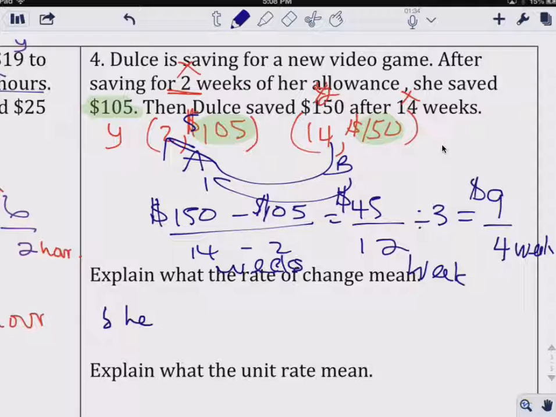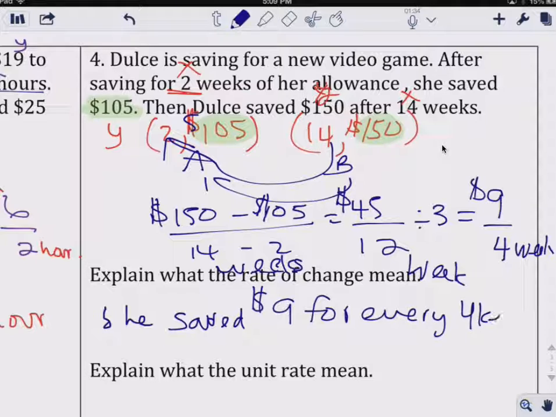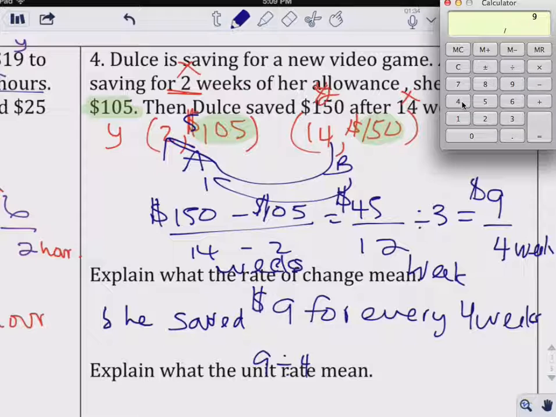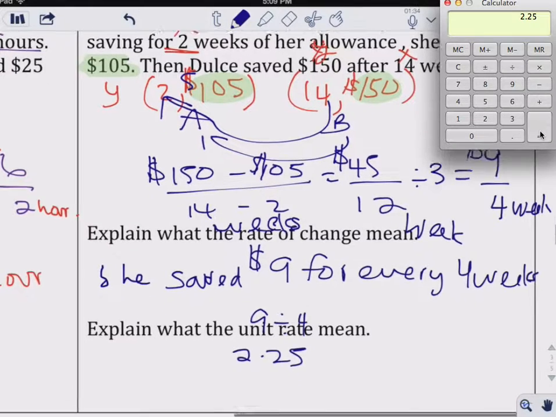She saved $9 for every 4 weeks. Unit rate is this. You divide 9 divided by 4. 9 divided by 4 equals 2.25 all over 1.